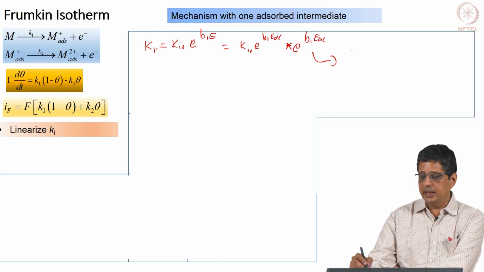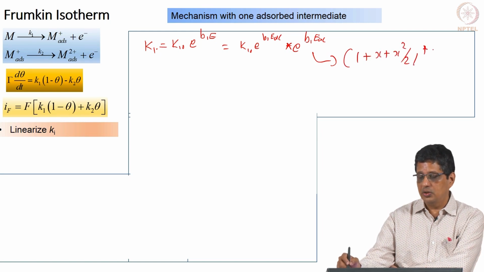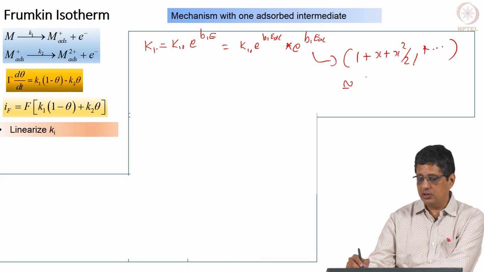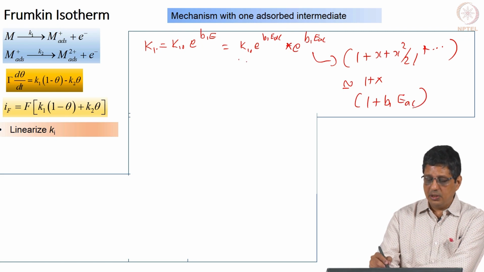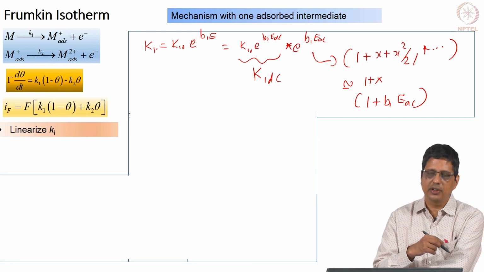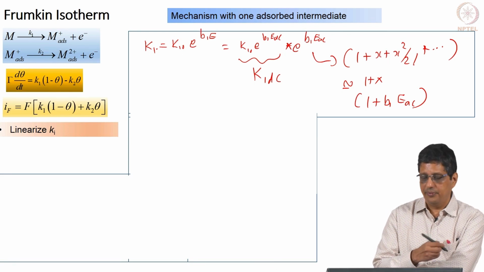This part we would have taken as 1 plus x plus x square by 2 factorial and so on, and then said roughly this is 1 plus x, that means I will write it as 1 plus b1 E AC. This part we would have taken and called k1 DC, because this is the value of k1 at the DC potential.